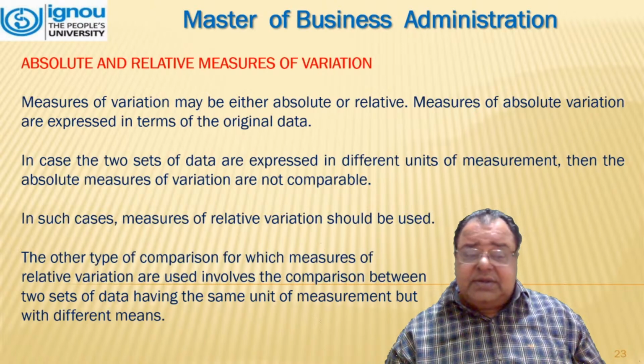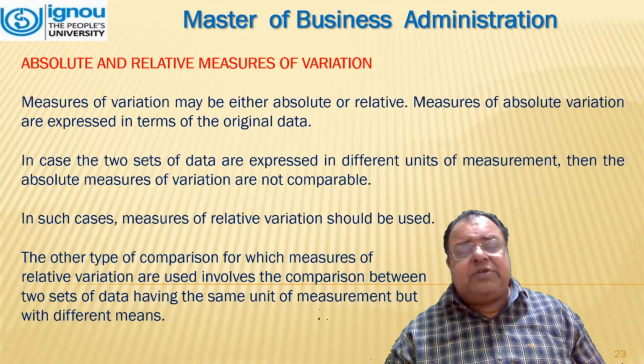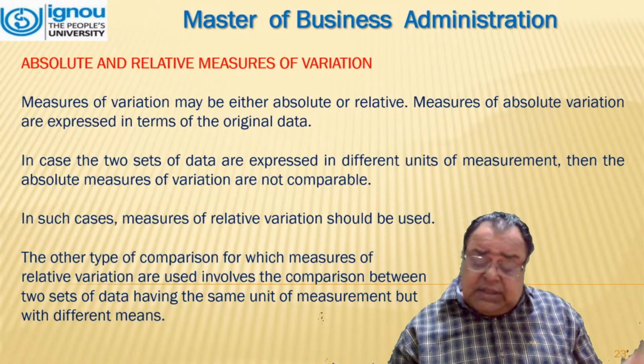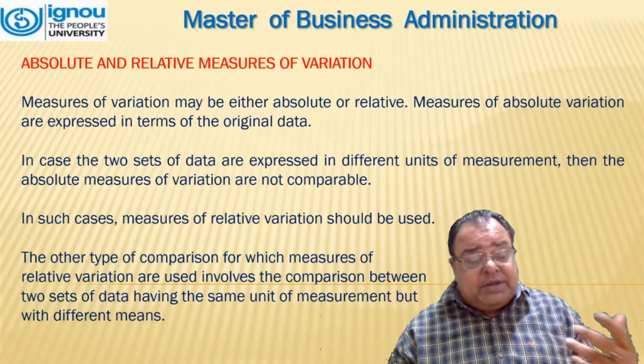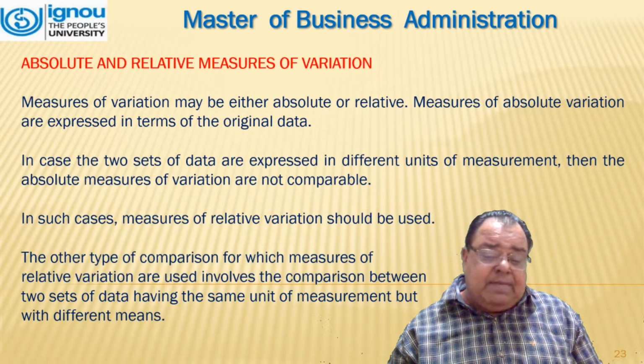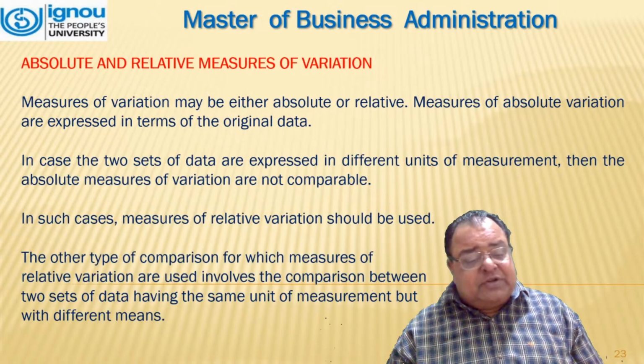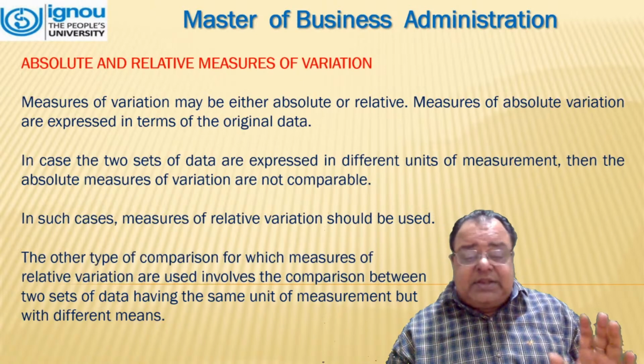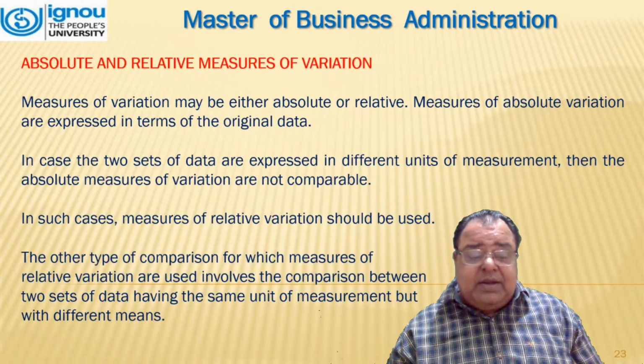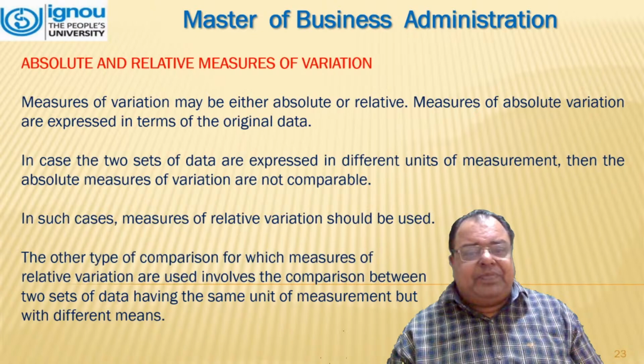In such cases, measures of relative variation should be used. The other type of comparison for which the measures of relative variation are used involves the comparison between two sets of data having the same unit of measurement but with different means.